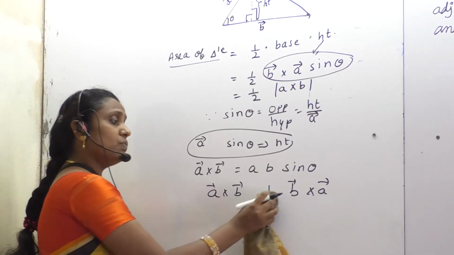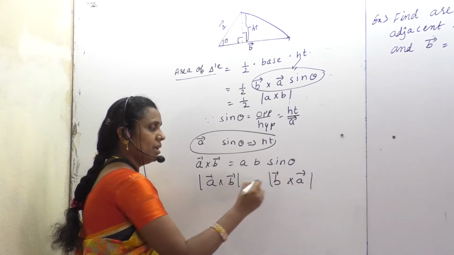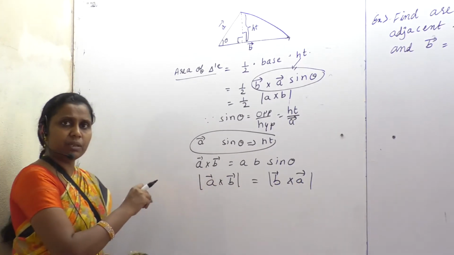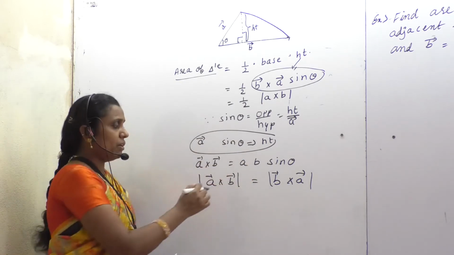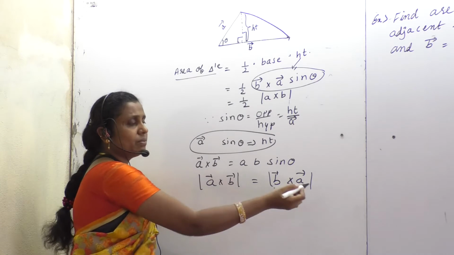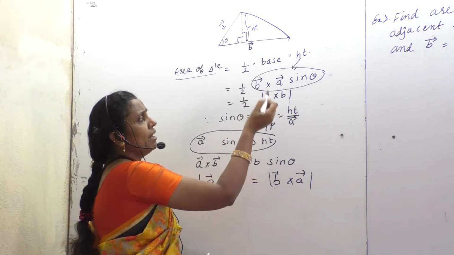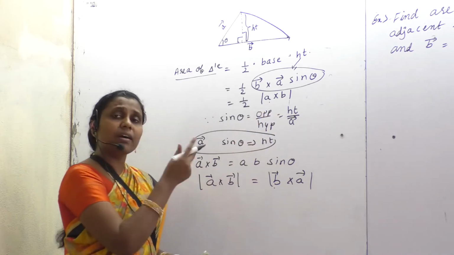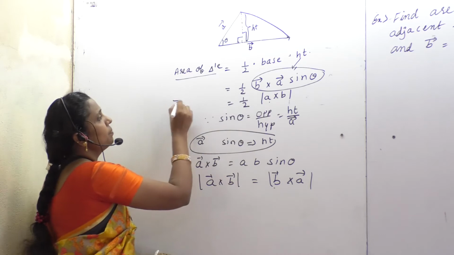But when it comes to the length, the lengths are the same. Here that vector will be with respect to the direction. Directions will be different. But when we come to the distance wise, the length, then the length will be same. You can write the length of B cross A or A cross B in the modulus expression. This is true.